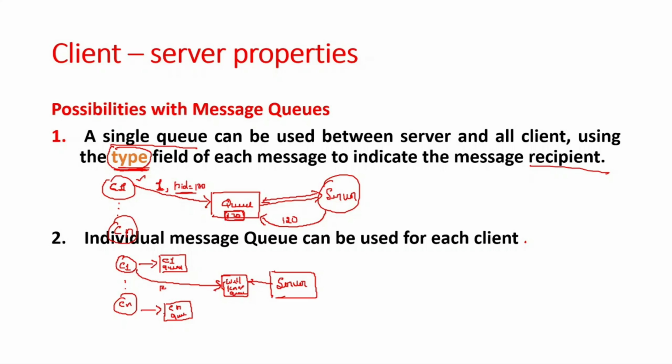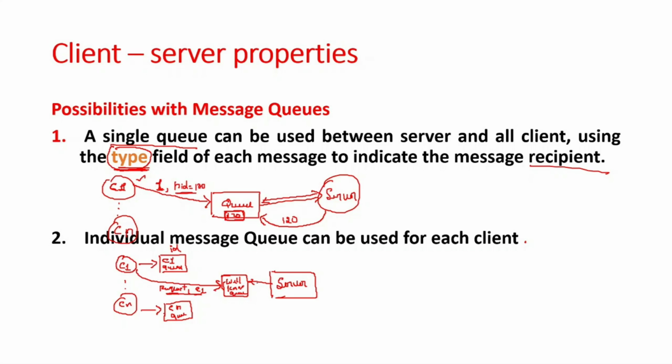The request is sent in terms of a message, and this message will also include the ID of the client's queue, which is C1 here. So the ID of the message queue of the client is also mentioned in the request.